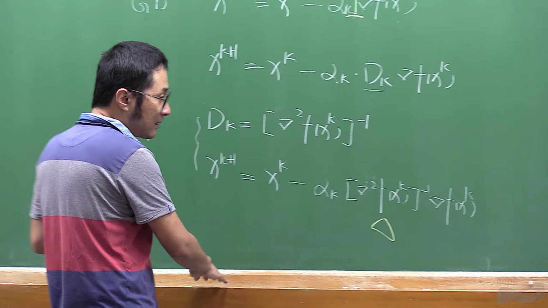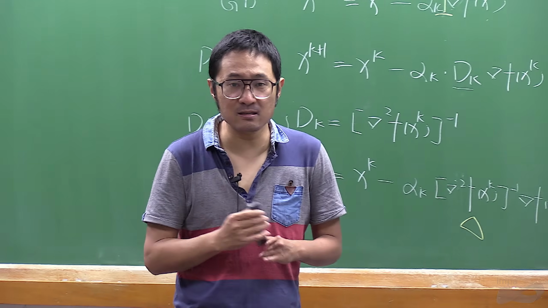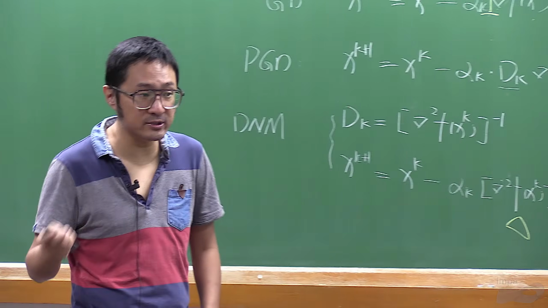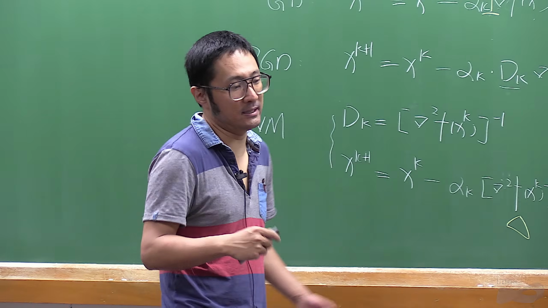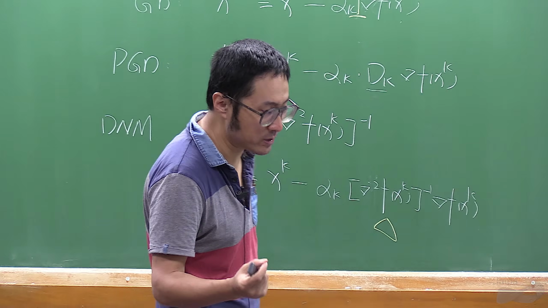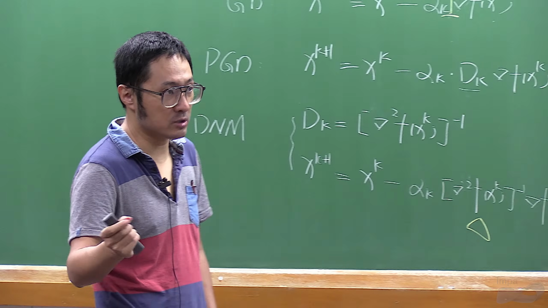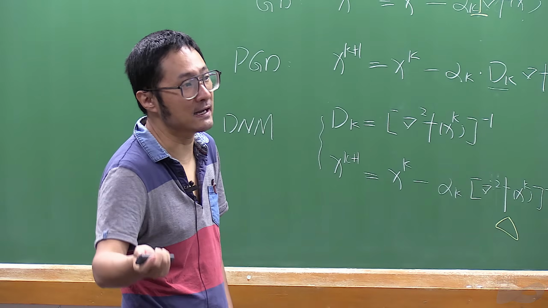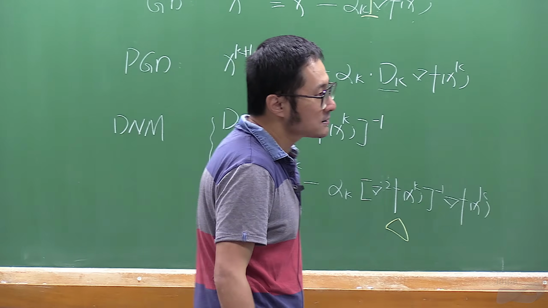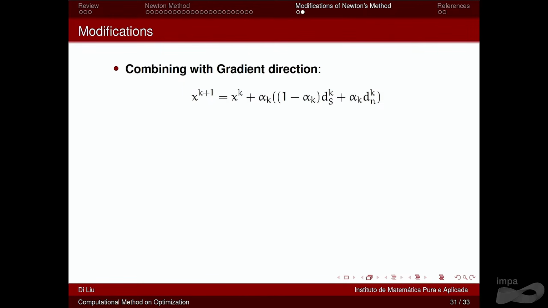Another thing is, to get the convergence, your initial point must be close enough to your solution, but many times you cannot immediately get a point which is close enough or which satisfies the assumption I mentioned above. Okay, so there are several types of modifications.